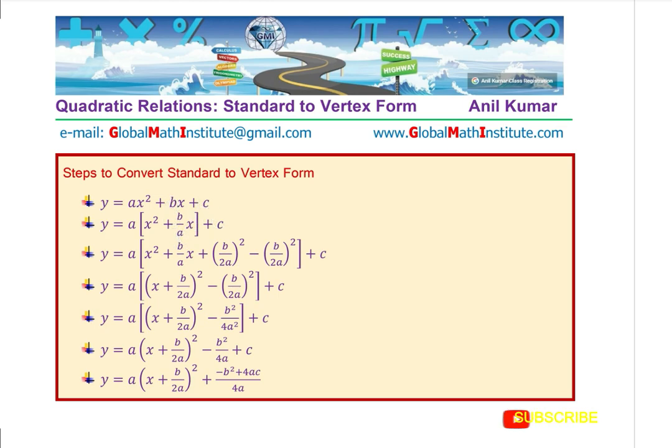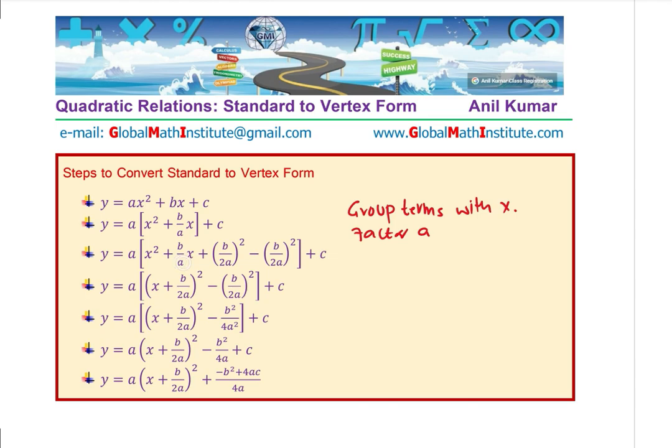But keep the constant away. So what we did was we grouped the terms with x. So in the first step, group terms with x, right? And then you factor a. So that becomes the second step.